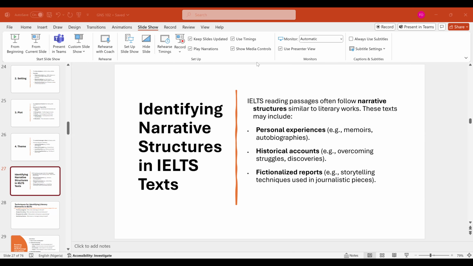Now that's a journey, that's narrative. You can predict where the text is going next if you use this structure to map out the passage mentally. It helps you to follow the flow.